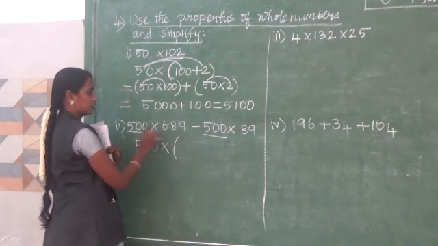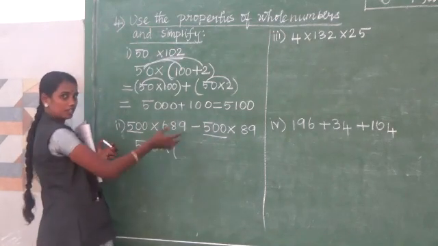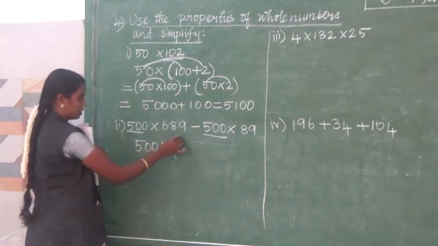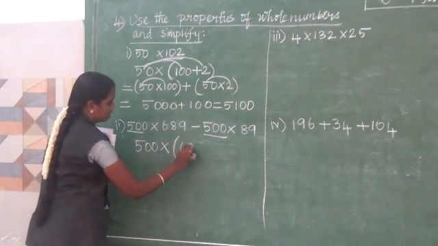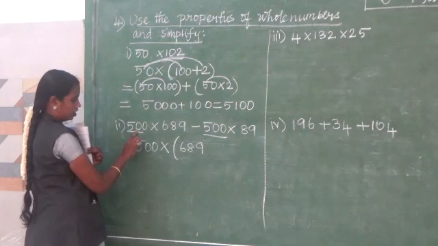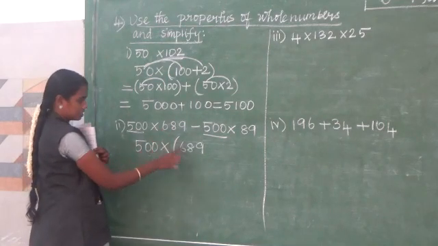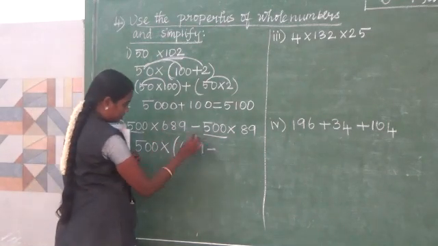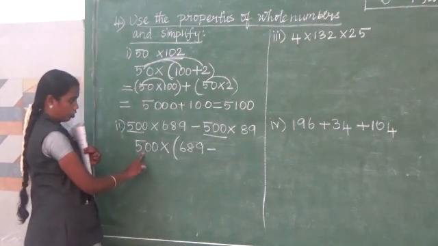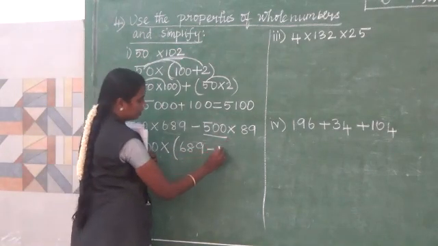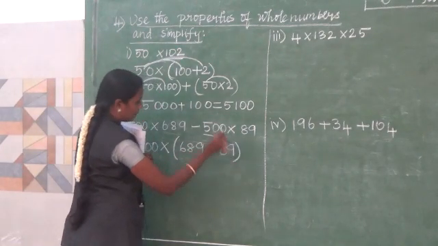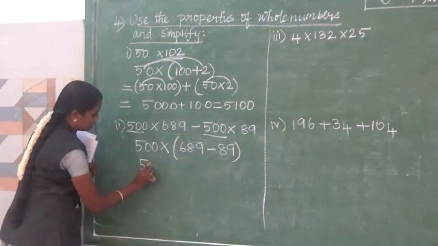Because I took these two common. What is going to be written? You write in the separate bracket, 689. Already 500 is there, 689 minus this 500 I took common. So what will be the leftover? 89.